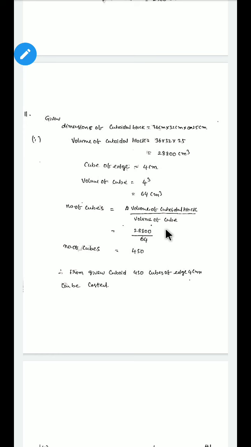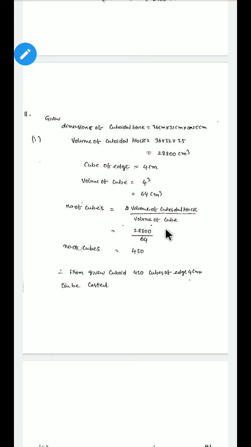The length is 36 centimeter, breadth is 32 centimeter, but the height is given in meter. So at first you have to convert this meter to centimeter. So 0.25 meter will be 25 centimeter. Now just multiply them, you will get the volume of the cuboid.